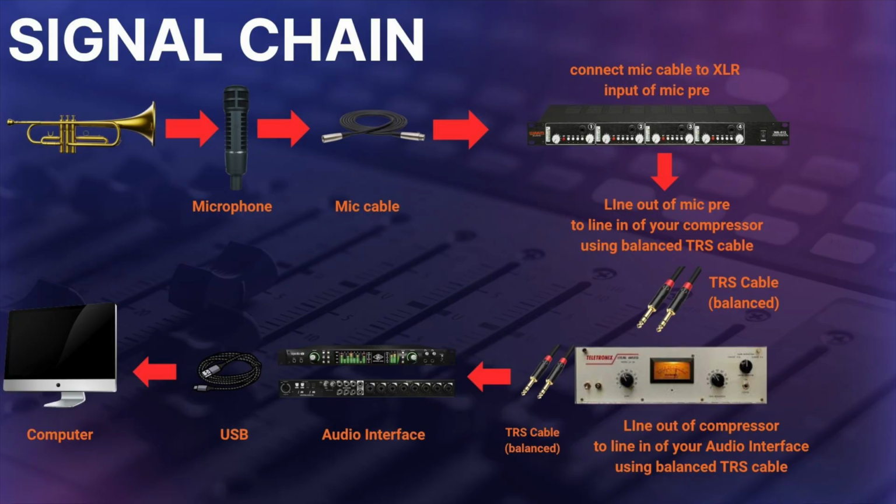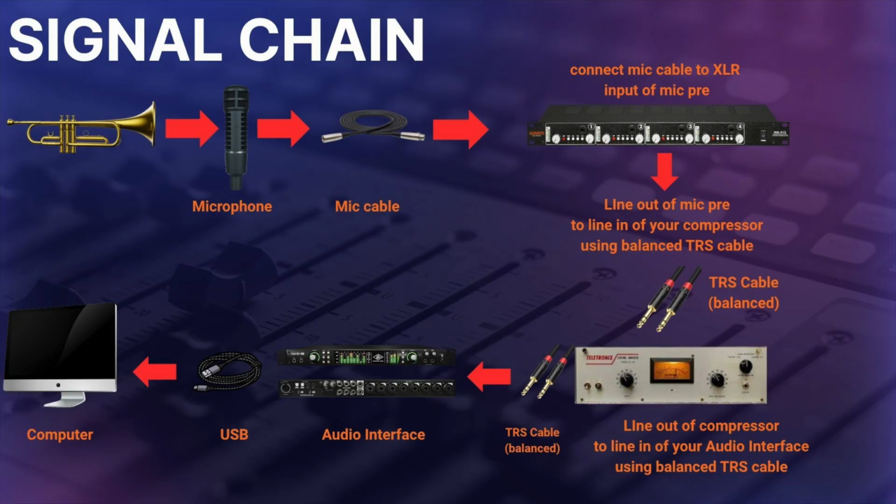So this setup right here, you would have your instrument, in my case my trumpet, to my microphone. My microphone goes out XLR, which is my cable, to my mic pre, which a lot of mic pres have EQ, they have compression, and some don't. They're just for coloration of the sound. So it goes into my mic pre, which I use for coloration of the sound.